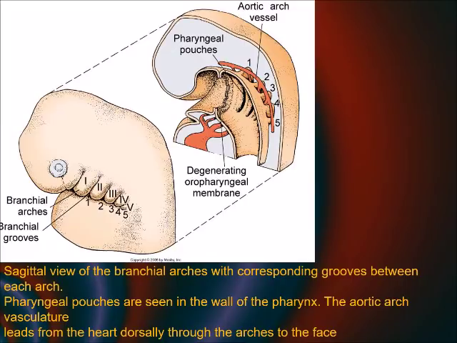This is another view of the embryo. You can see here the arches, and you can identify the clefts or the grooves from the lateral side or the ectodermal side, and from the inside you can identify the pouches here from the area of the developing pharynx. This is the developing pharynx, and in the front I have the frontonasal process.